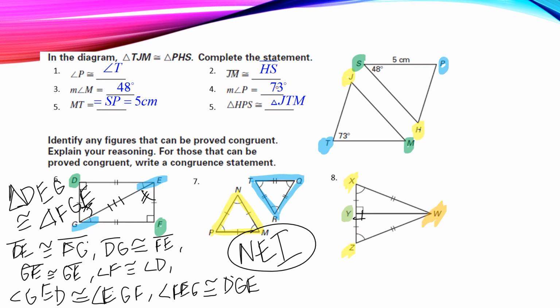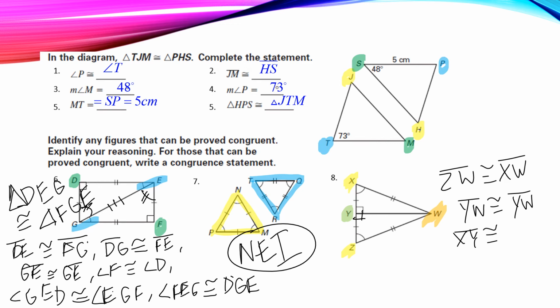Okay, so then we have our ZW is congruent to XW. We also have YW is congruent to YW because of the reflexive property. This here is the same exact line. Then we can say XY is congruent to ZY.